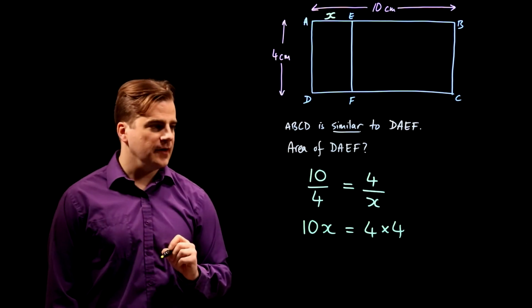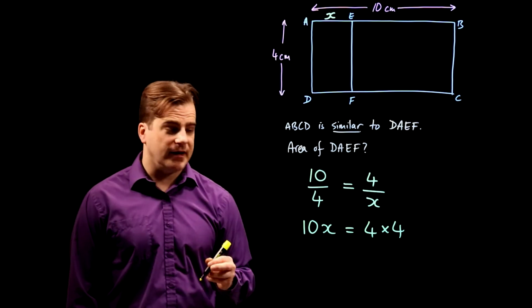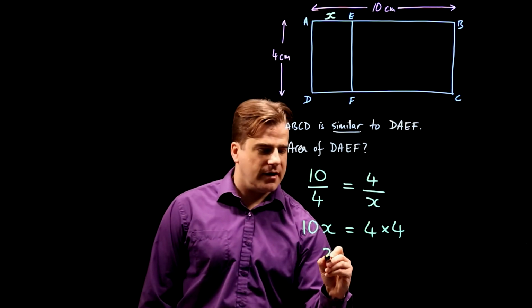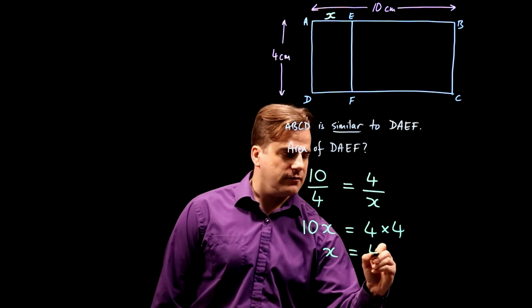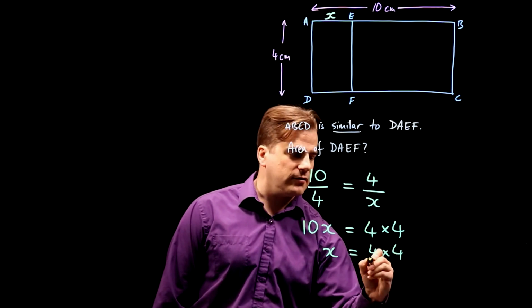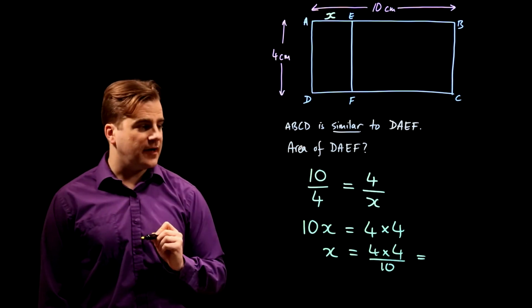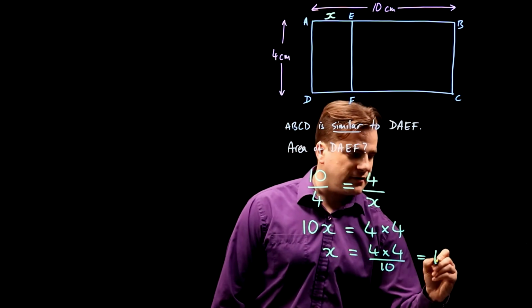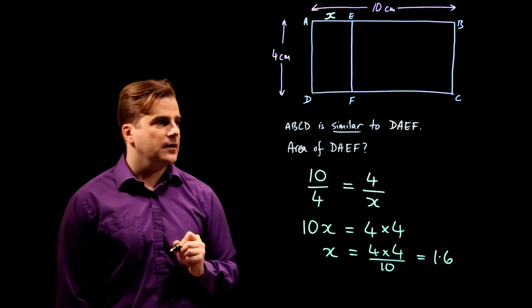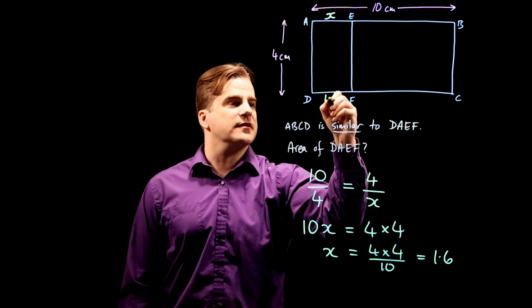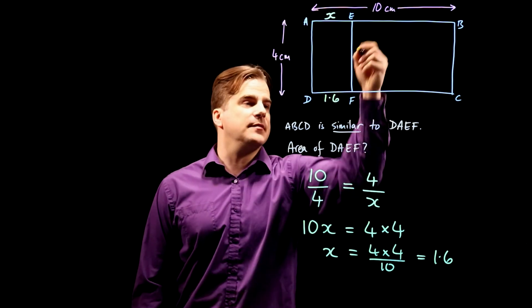We'll now divide both sides by 10 to get the 10 down there, and we get x is 4 times 4 divided by 10, which is 16 divided by 10, which is 1.6. So that is 1.6 centimetres.